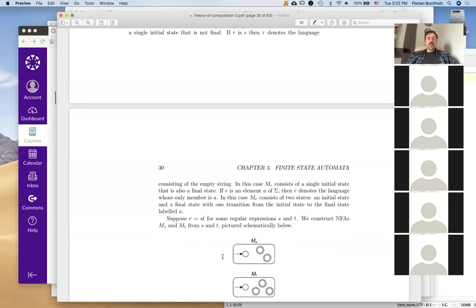Well, essentially, if I start here, S comes first. So I start here, I do my thing. I'm going to end up in one of these two accepting states if the string actually is part of the language.